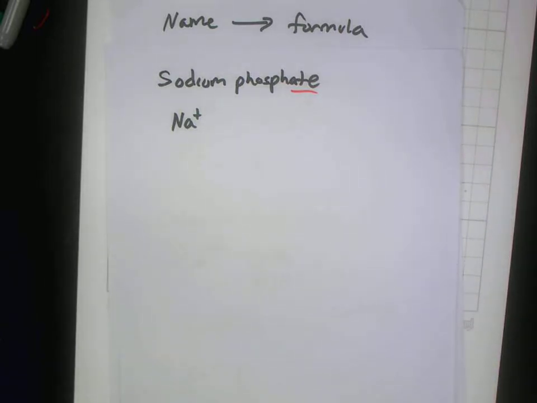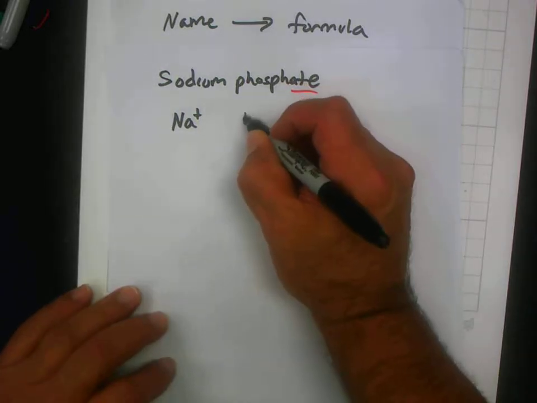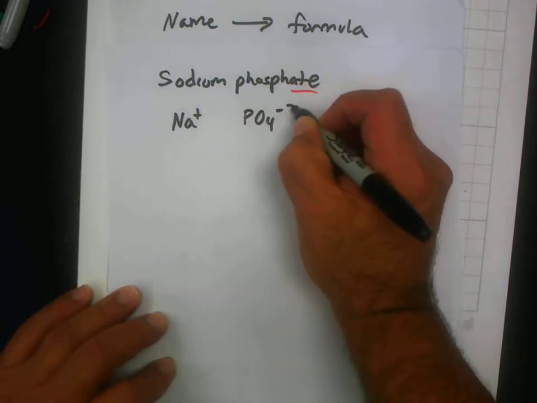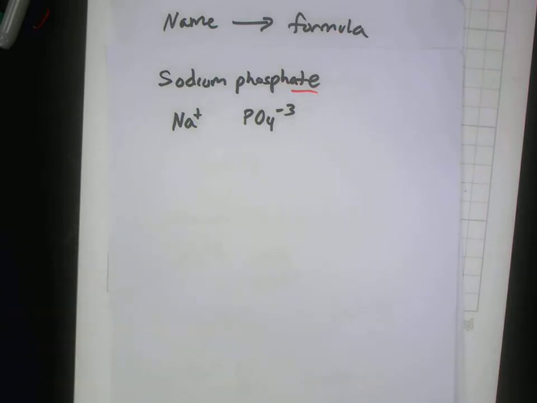Once again, ates and ites are found in this chart. So phosphate is PO4 with 3 negative charges. Okay?